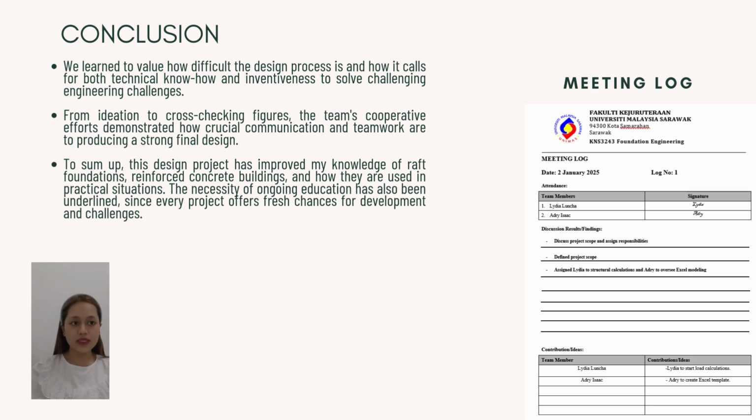Last but not least, this design project has improved my knowledge of raft foundations and reinforced concrete buildings and how they are used in practical situations. The necessity of ongoing education has also been underlined, since every project offers fresh chances for development and challenges.